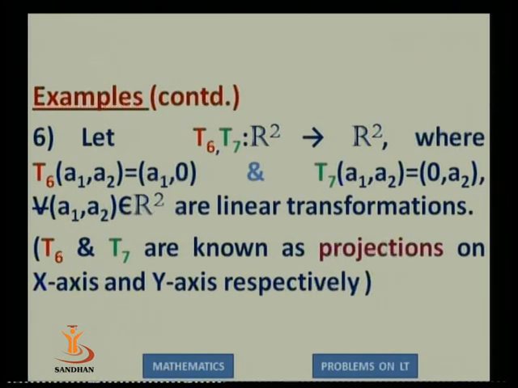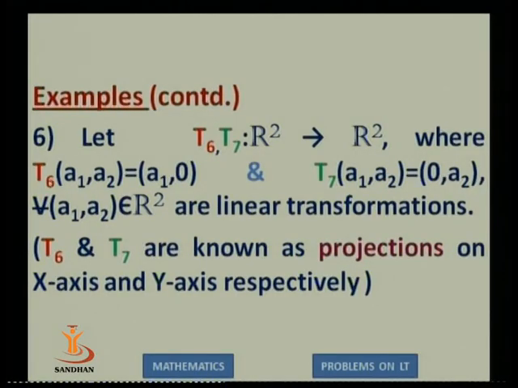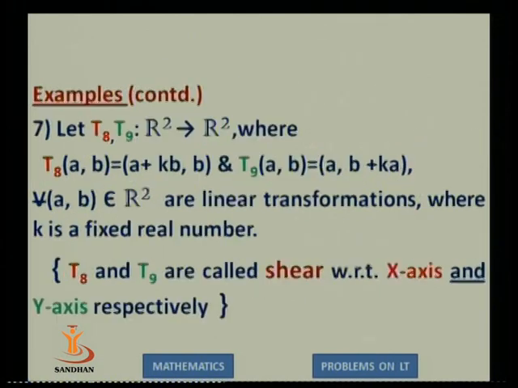These two functions T6 and T7 defined this way are also linear transformations, which can be easily verified. Here the defined functions T6 and T7 are known as projections on x-axis and y-axis respectively. That is, T6 is known as projection on x-axis and T7 is known as projection on y-axis.